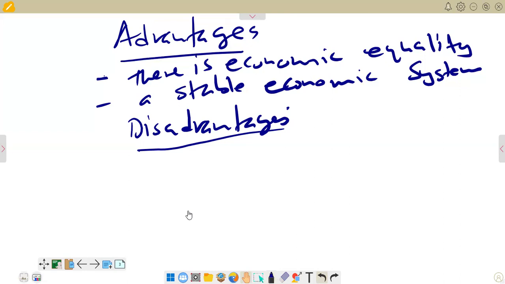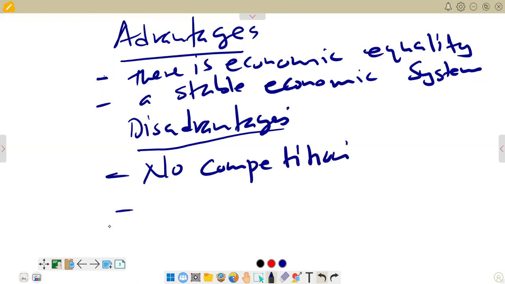The issue that competition is being reduced is going to affect negatively the operations of the economy. We are also going to see a poor quality of products being produced due to lack of competition. So no competition can come in as a disadvantage of planned economy.